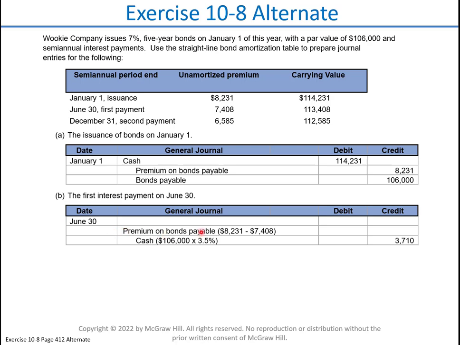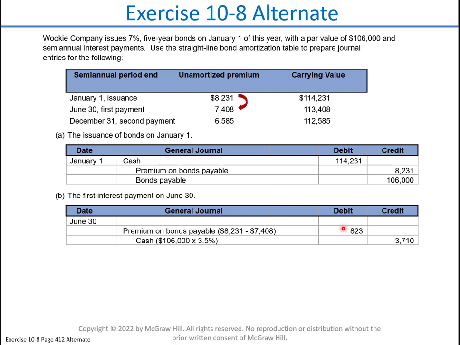We need to reduce this premium account. We initially credited the premium for the full amount of $8,231. This is a 5-year bond. We pay interest every 6 months. There will be 10 payments. We will take $8,231 and divide it by 10 interest payments, which means we will reduce the $8,231 by 1/10 every 6 months.